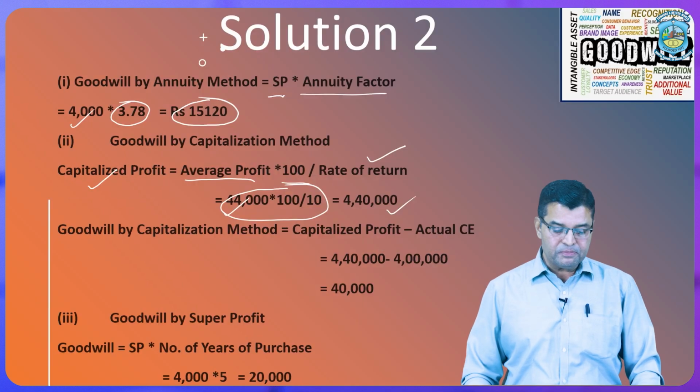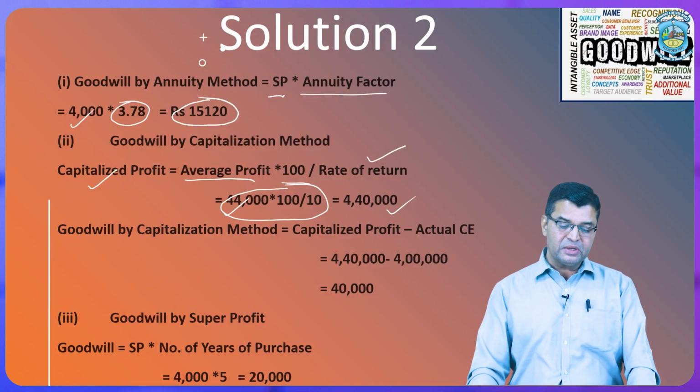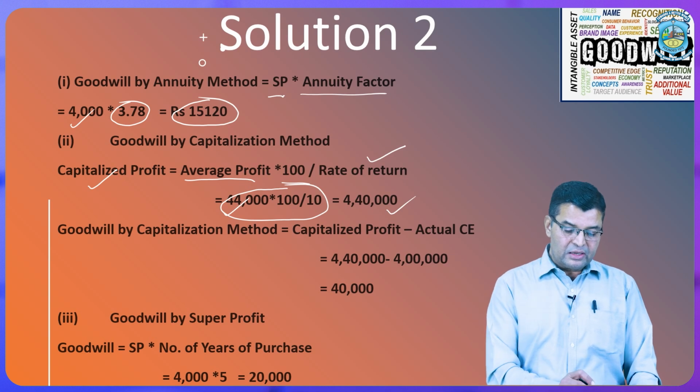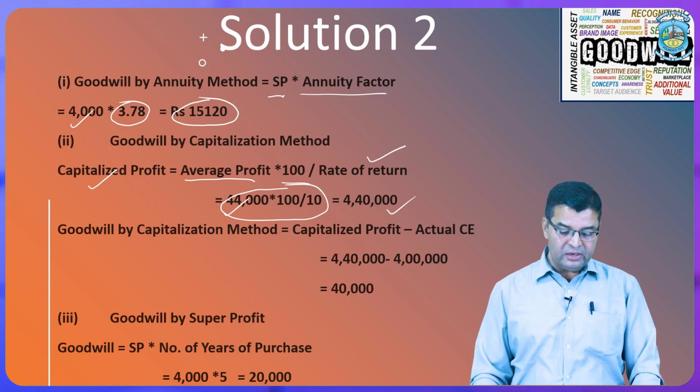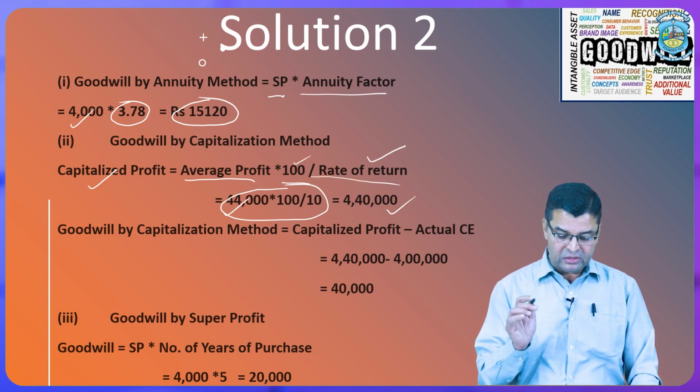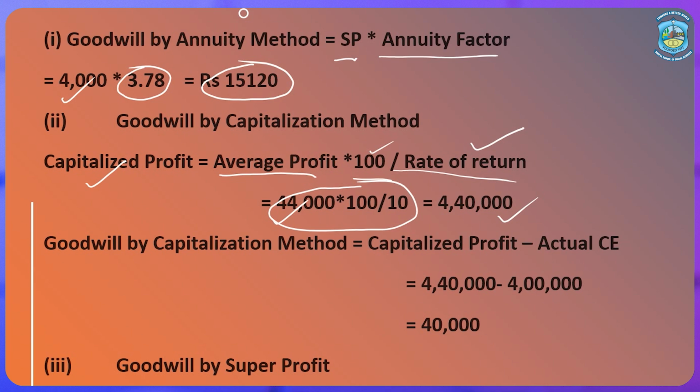Now, the second method, goodwill by capitalization method, in which capitalized profit has to be calculated. For this purpose, average profit will be multiplied by 100 and divided by rate of return. So, 44,000 into 100 divided by 10. Capitalized profit is calculated here, which is 4,40,000 rupees.